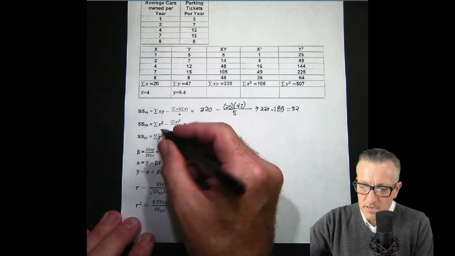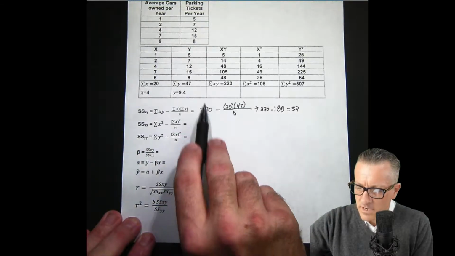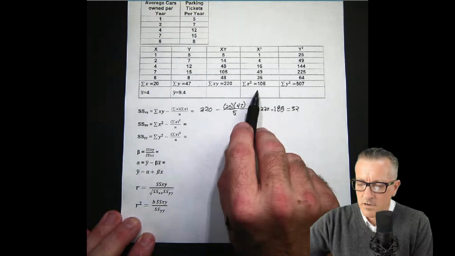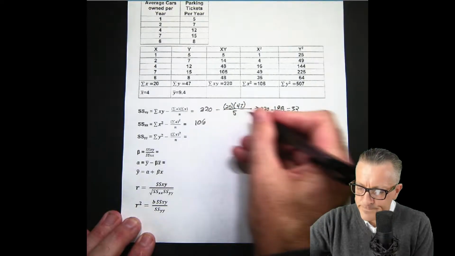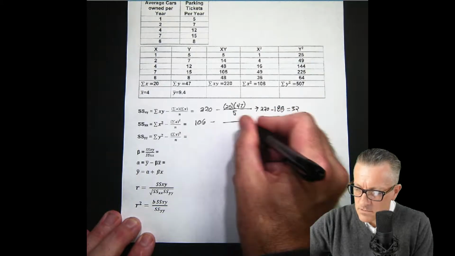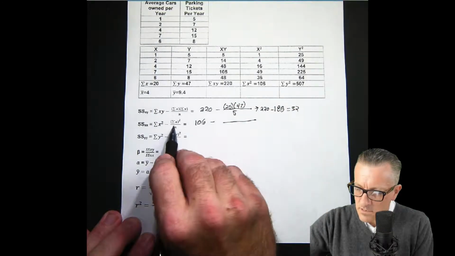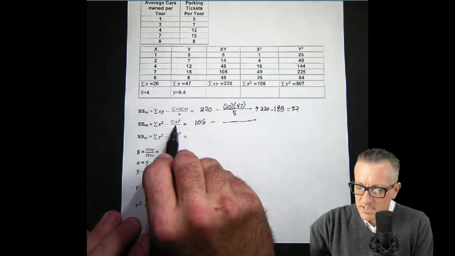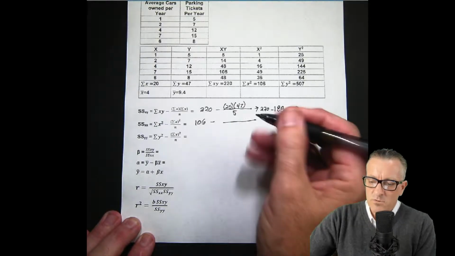Then for the next one, we want our sum of x squared, which is right here. That would be our 106. Subtract our sum of x, and then we square it. It's not the same as the sum of the x squared.